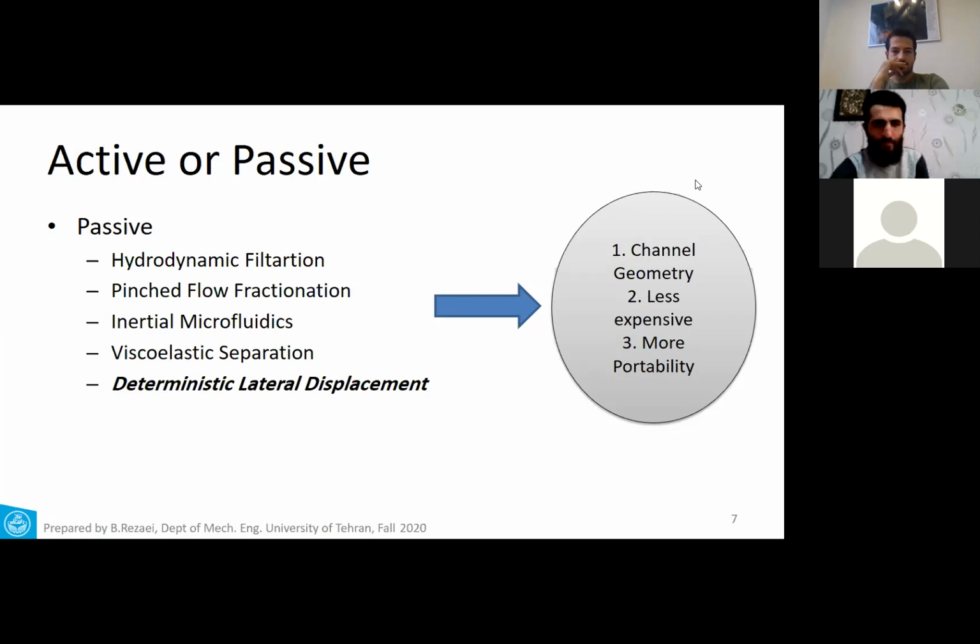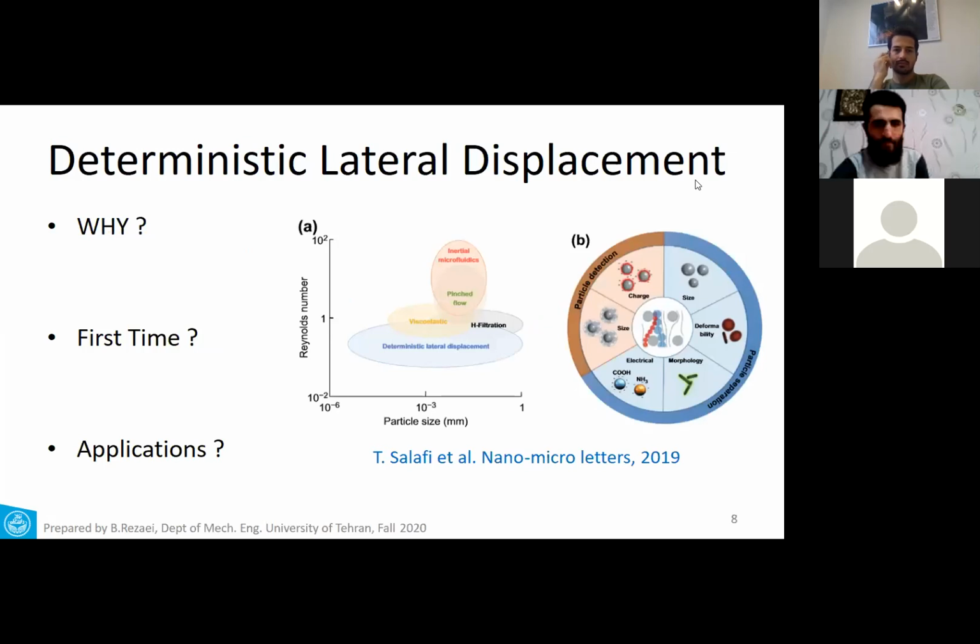All of these passive methods, as I've written on the right side of the page, do the separation based on the channel geometry and intrinsic characteristics of the fluid. So they're less expensive and more portable because they're smaller. After that, I'm going to talk about deterministic lateral displacement.